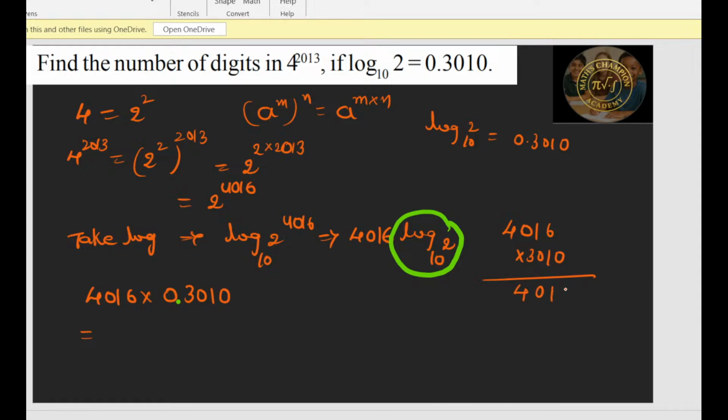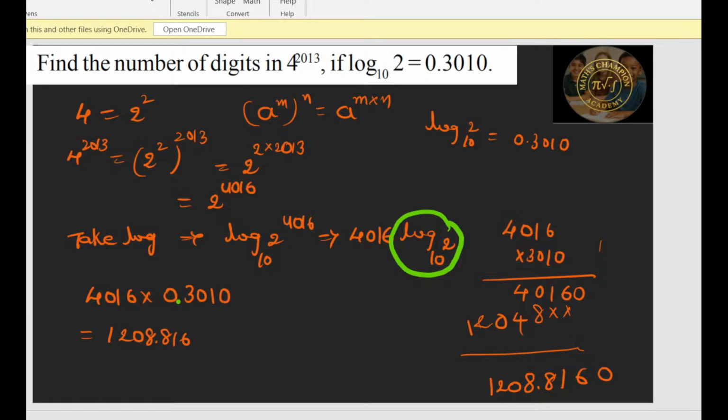Again multiplying by 1, 4016, and so on, carrying over. So you are getting 1208.816.